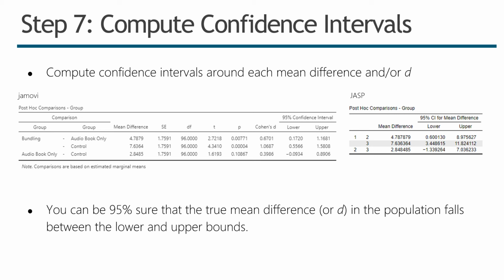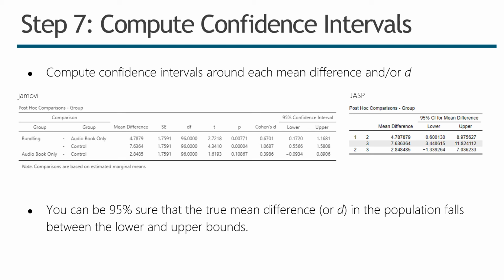So I have two outputs here to show you both. When I do the analysis in Jamovi, I get a 95% confidence interval around d. When I do the analysis in JASP, I get a confidence interval around the raw scores. Either one's fine, right? They both give you a nice way to estimate how wide your confidence intervals are. You just need to be mindful of which one you have in the computer program that you're using. And they're all interpreted the same way.